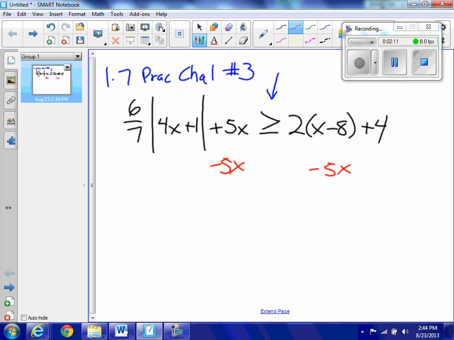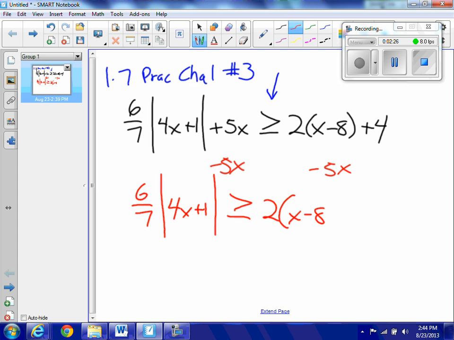So I'm going to be left with 6/7 times the absolute value of 4x plus 1 is greater than or equal to 2 times x minus 8 plus 4 minus 5x.